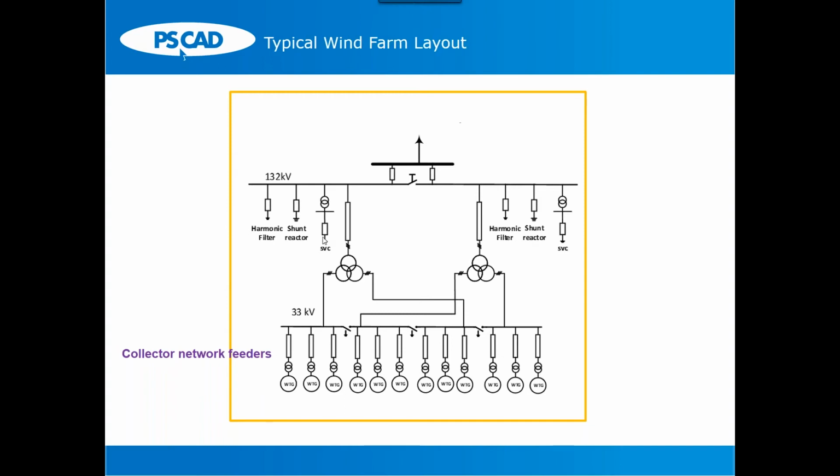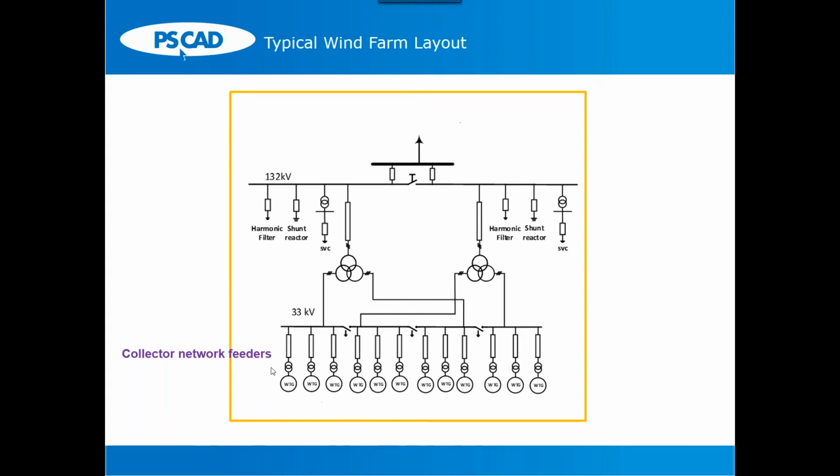In some cases, you may also have SVCs and STATCOMs to help the wind farm meet performance criteria. Then obviously you will have the station transformers, sometimes one, sometimes two or more. Typically the wind farm collector network is at a medium voltage, typically 33 kV or thereabouts.